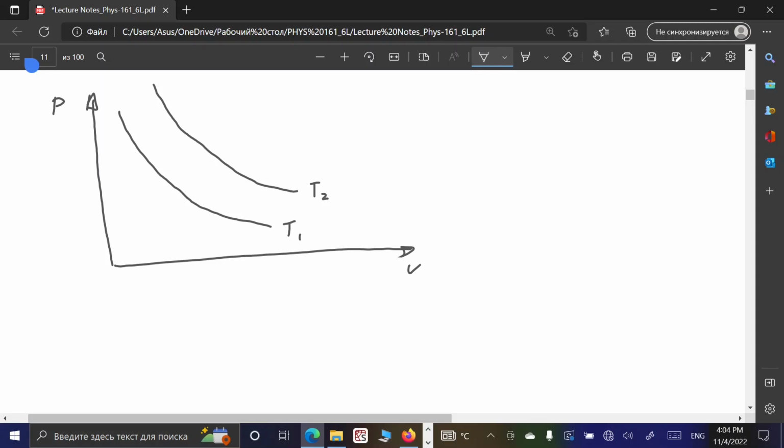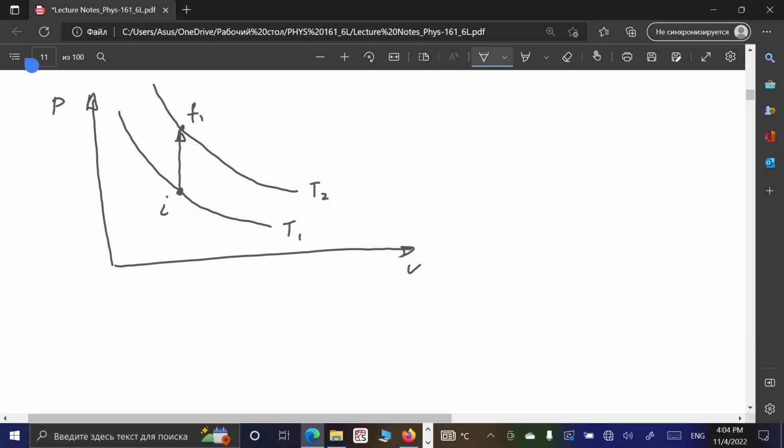So we consider some initial state. Here will be I, initial state. And then we consider 3 different processes. So first process, let's say, we consider at constant volume, goes to this, let's say, F1, final state.